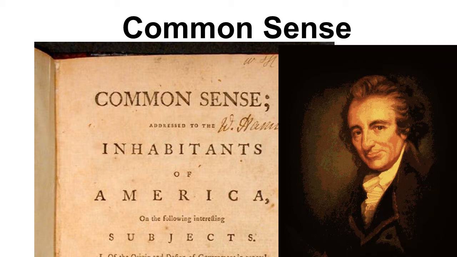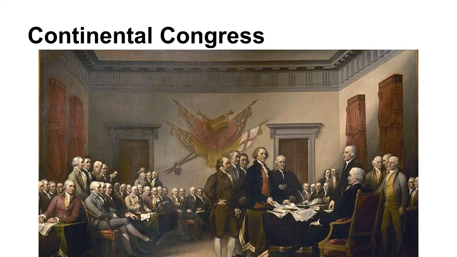Now, this is distributed in the hundreds of thousands, and people are really reading about the reasons Thomas Paine is presenting that America needs independence, that America needs states that are independent and have essentially self-rule. So, with this encouragement of a very wise man, you have what's known as the Continental Congress.